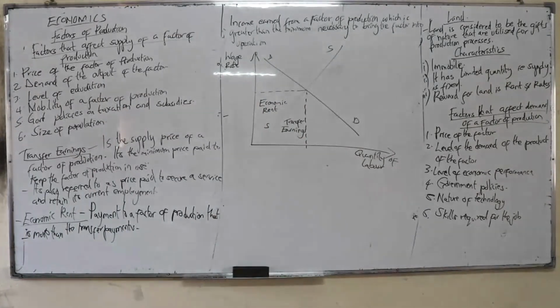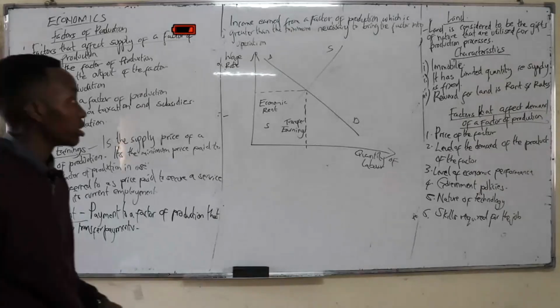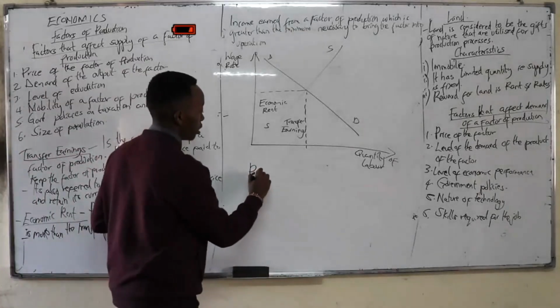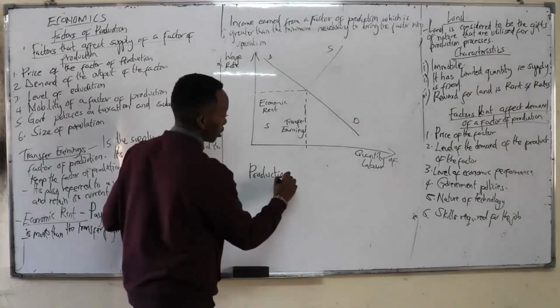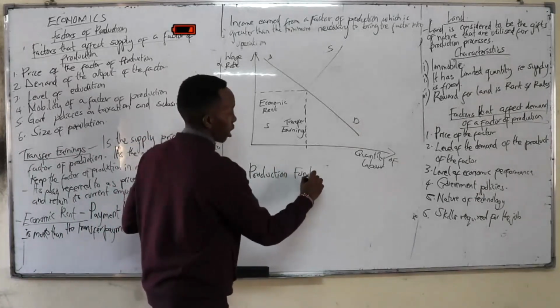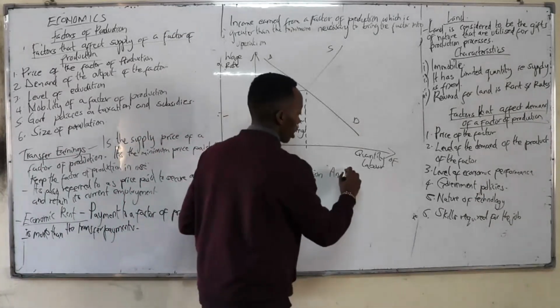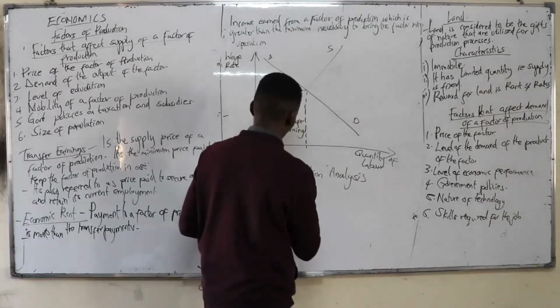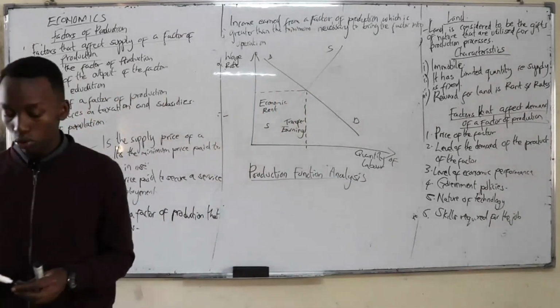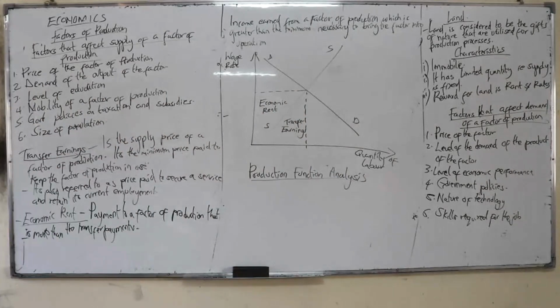Now we go ahead and discuss another concept altogether, which is the production function analysis. In this case, we discuss the short run analysis. For this one, I want you to have the knowledge of what we discussed under the theory of consumer on the basis of isoquant.